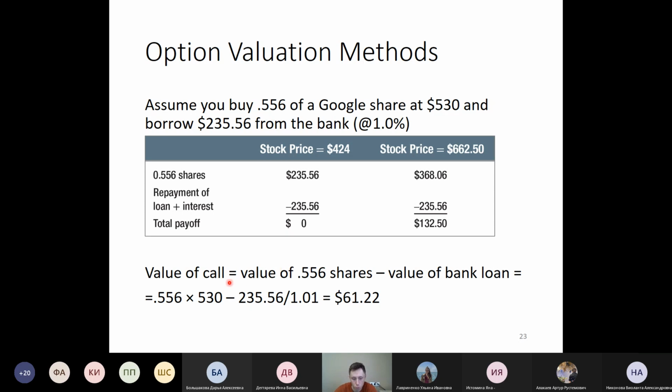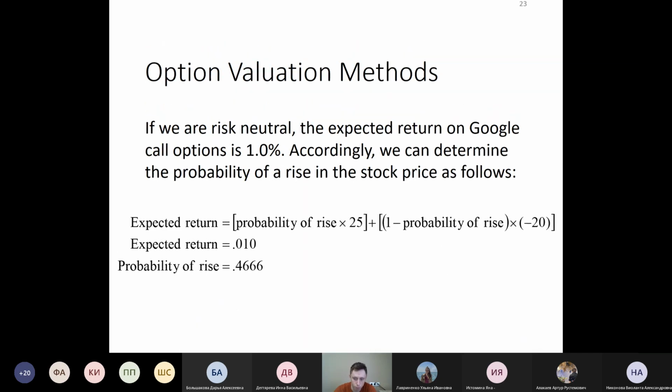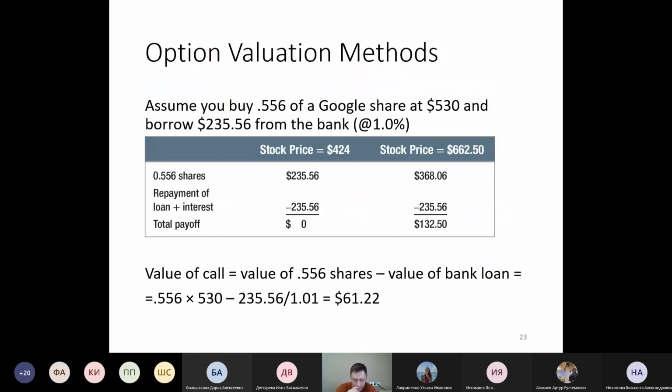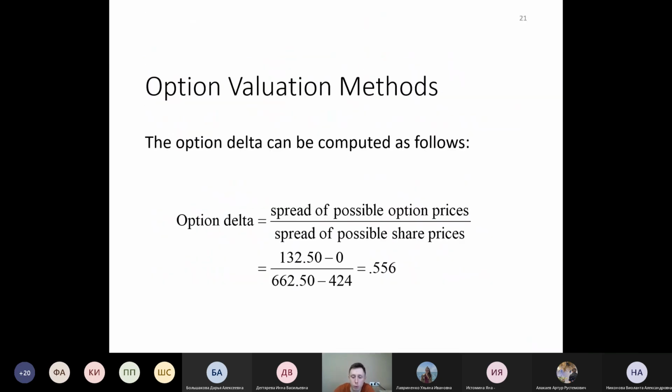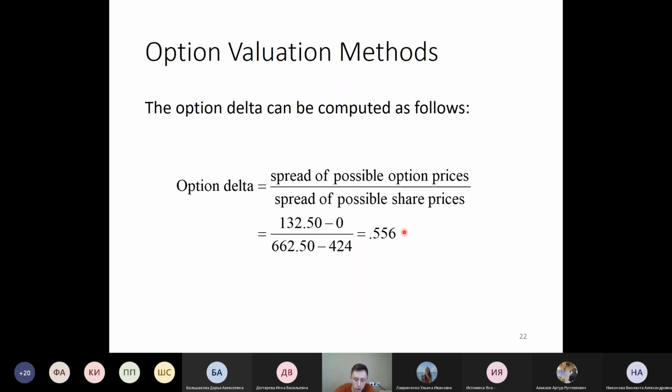And as a result, we have some value that is discounted at the given interest rate, which is 61.22. And this is the same amount as we have here. So the price can go either this or that. So the eventual result is an average one, and this is what we would get. Slight difference due to the rounding here.